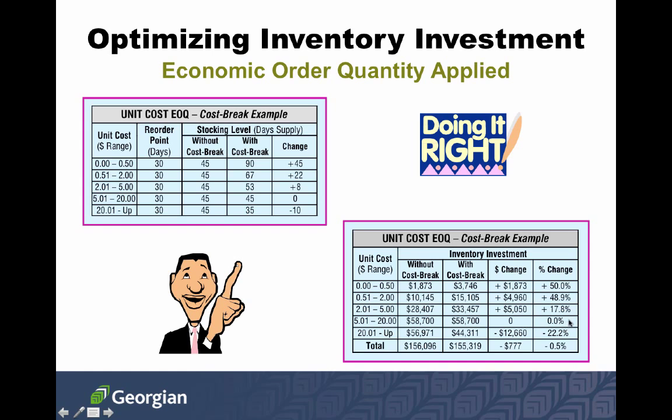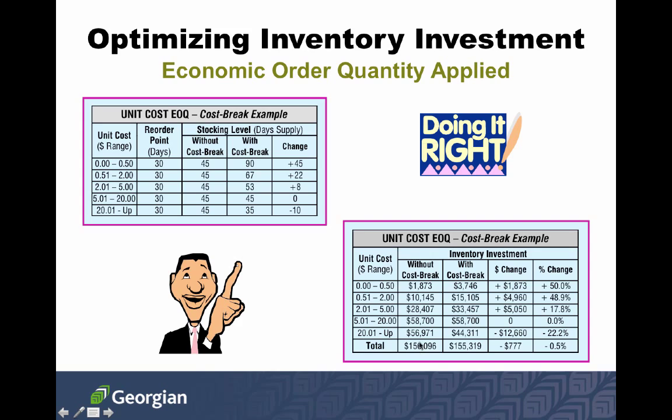The 501 to 2000 we didn't change, and at 2001 and up we reduced by 10 days supply, and that was a reduction from 56,971 to 44,311, or minus 12,660, or minus 22%.